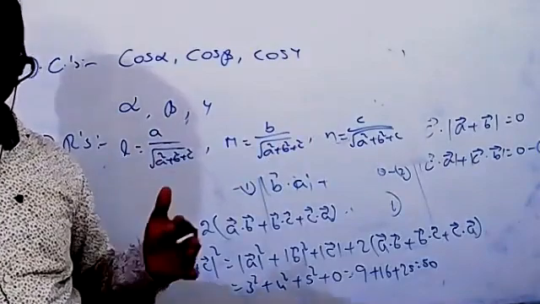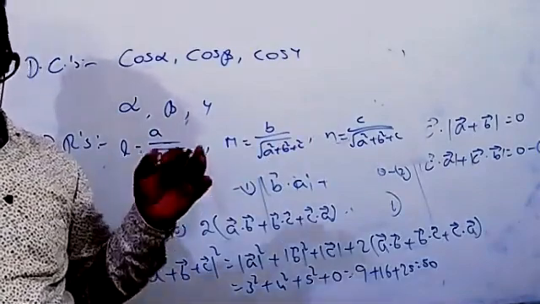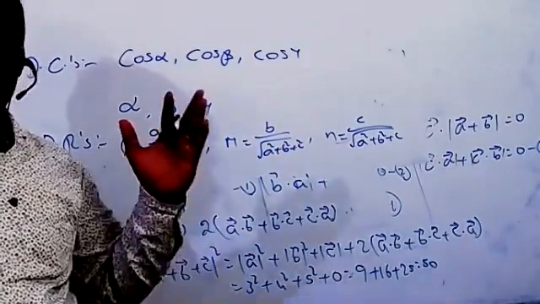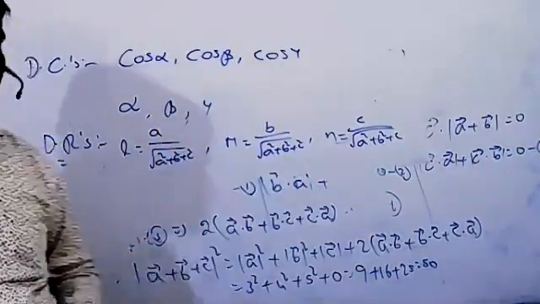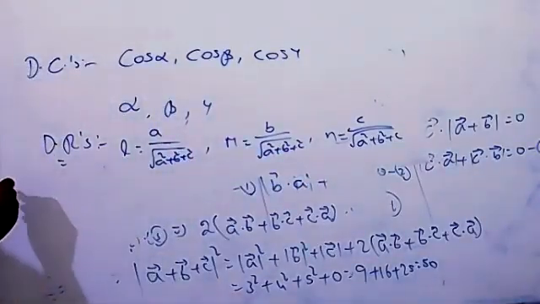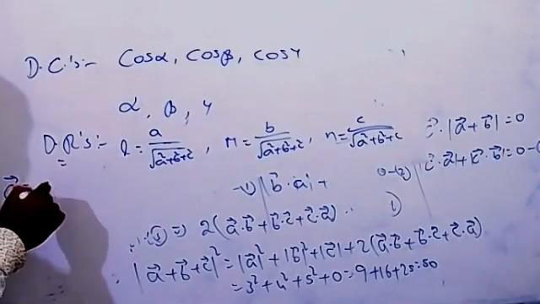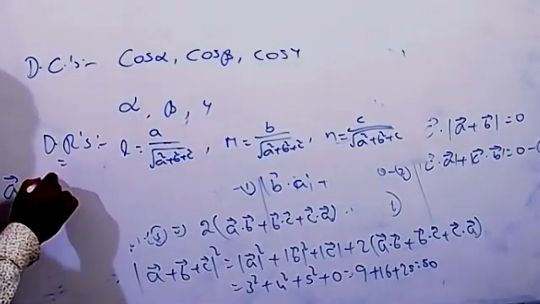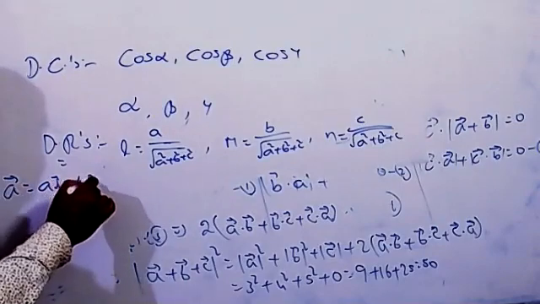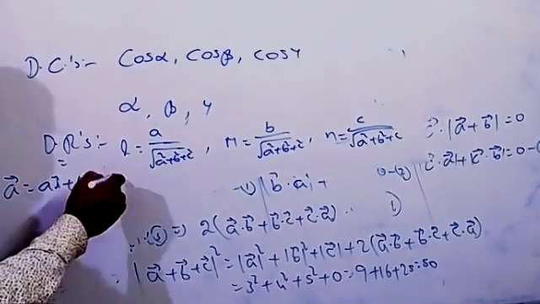Generally, if you take any vector form, you will get scalar components and vector components. Suppose you take the vector A equal to ai plus bj plus ck.